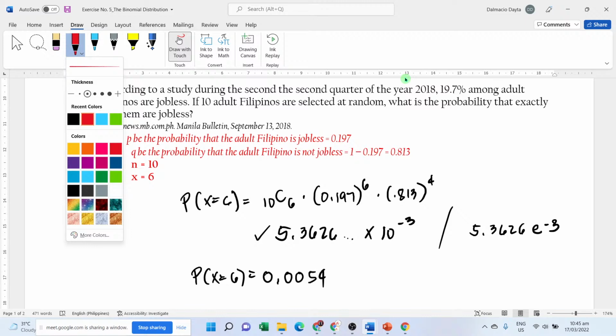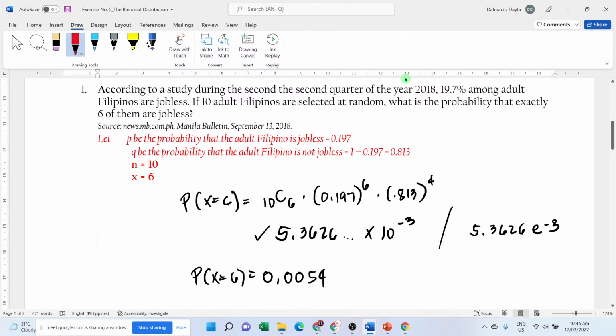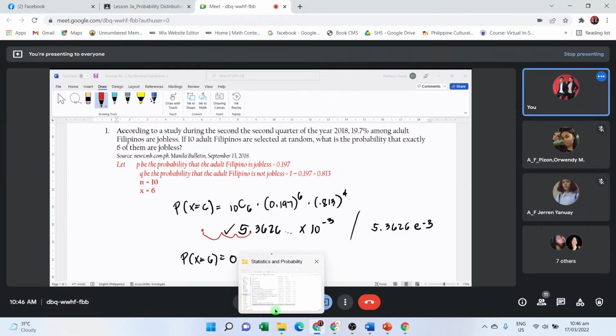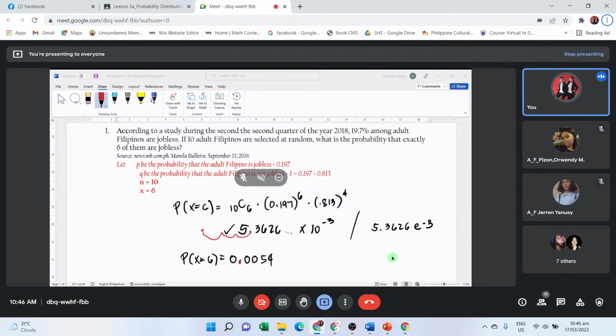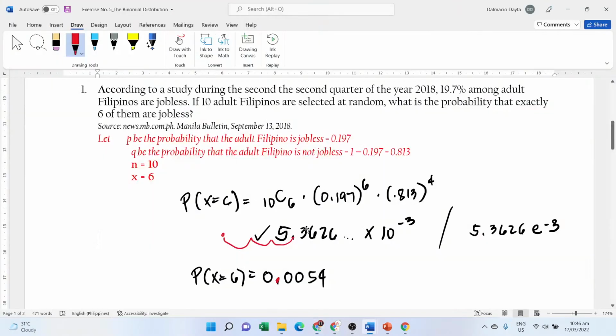Move tayo ng tatlo. 1, 2, mapupunta dito sa decimal point. Nandito yung decimal point, nandito ang 0. So 0.005. You have any question? May tanong ba? Nasundan ba? Naintindihan? Yes po. Sige. Tignan pa natin yung next problem.